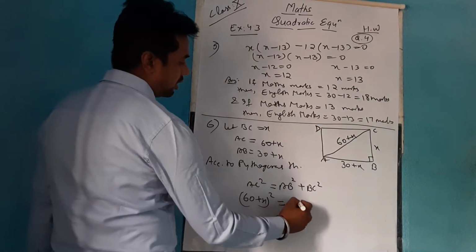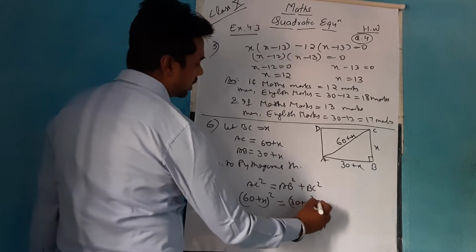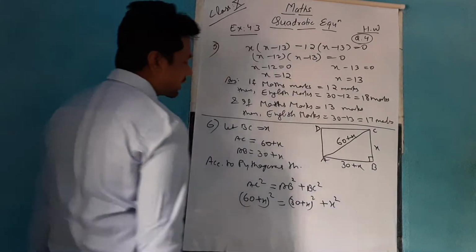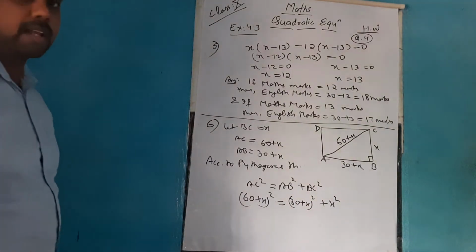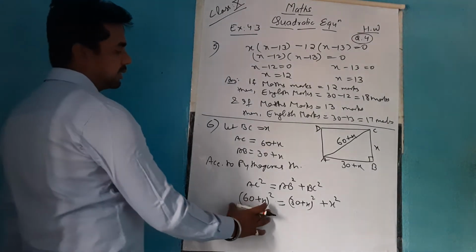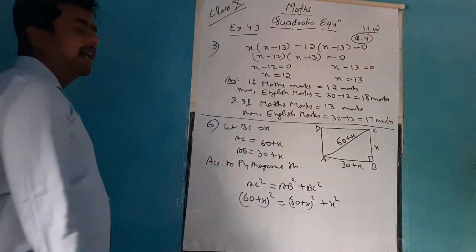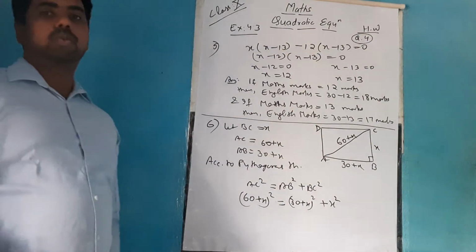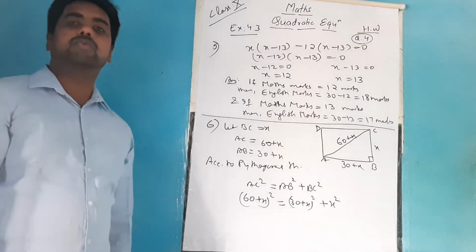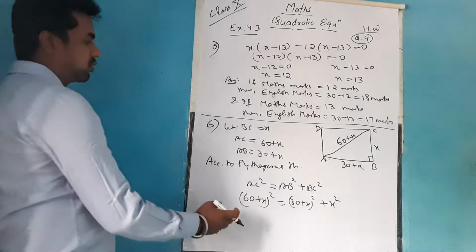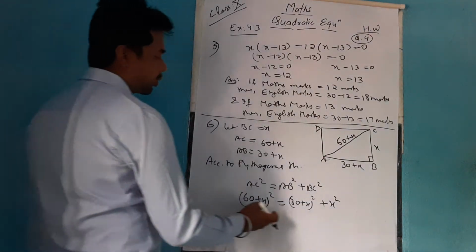AB is 30 plus x, so we take the square of 30 plus x, and BC is x, so we take x square. So the equation will be (60 plus x) whole square equals (30 plus x) whole square plus x square, as according to Pythagoras, the square of the hypotenuse equals the sum of squares of the remaining two sides. This will be your required equation.